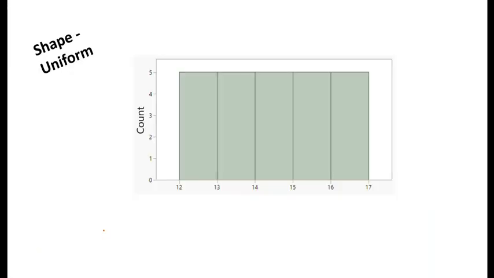Okay, the last characteristic is uniformity, and it's usually represented using the uniform distribution. The uniform distribution occurs when all of the data points have the same frequency, right? Or the data points are equally spread across the range of the distribution. One good example is when, for example, we roll a dice 6,000 times.